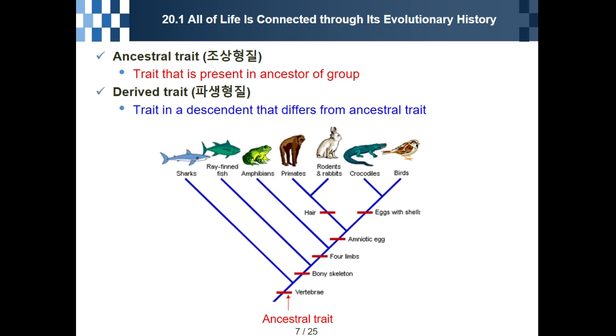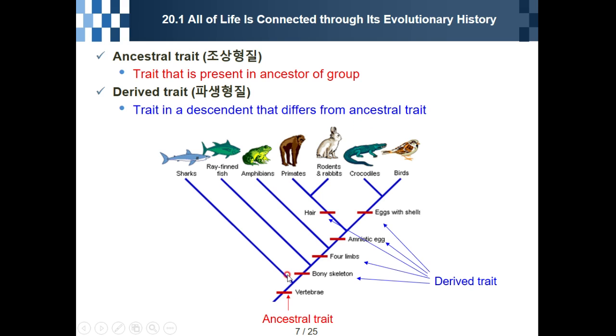Another one, for example, bony skeleton, limbs, amniotic eggs, hair, and eggshells. We call it a derived trait: a trait in a descendant that differs from the ancestral trait.